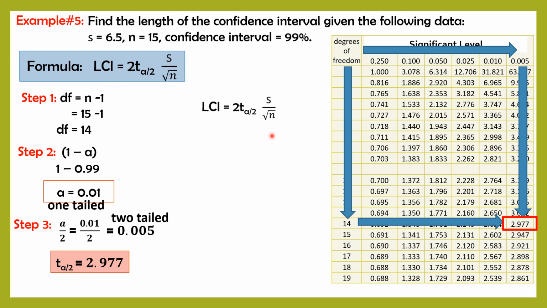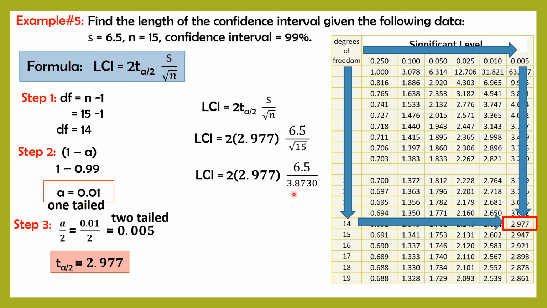So, let us write here the formula. We just substitute. So, 2 times our T sub alpha over 2, which is 2.977. Then, our S, the sample standard deviation, is 6.5. Our n is 15. So, let's get the square root of 15 first. So, we'll have now 2 times 2.977. We just copied that. And then, the 6.5. This is now the square root of 15.